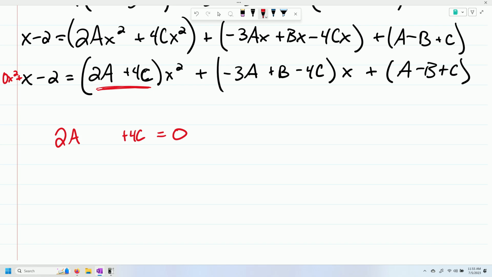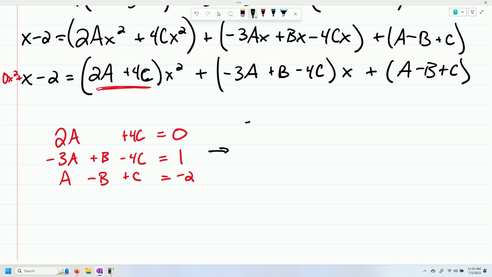For the variable x to the first, a linear term, we have negative 3a plus b minus 4c, and that has to equal 1, which is the coefficient on the left-hand side of the equation for the linear term x. And finally, we have a minus b plus c equals negative 2.